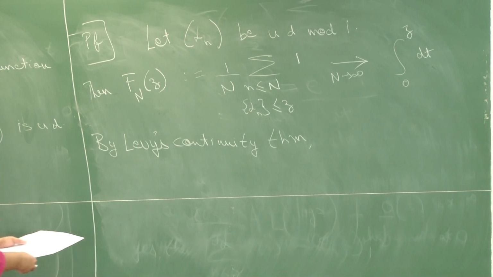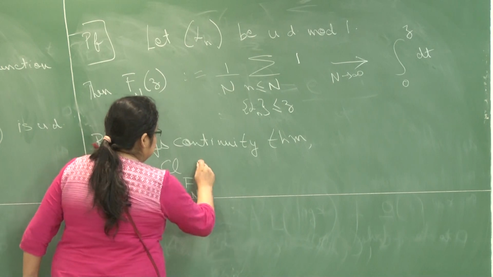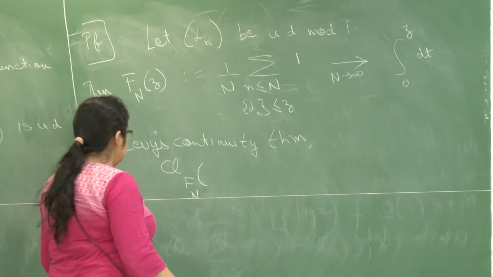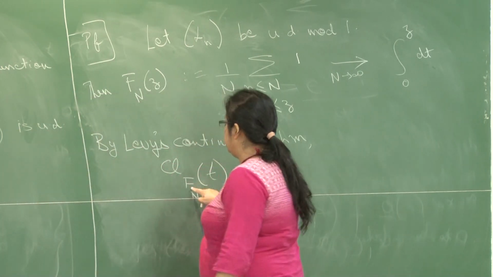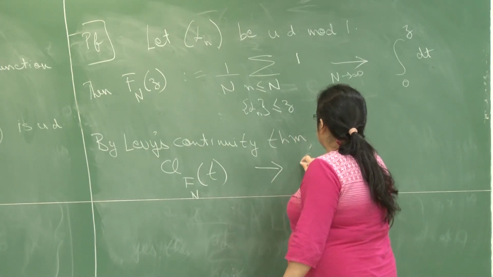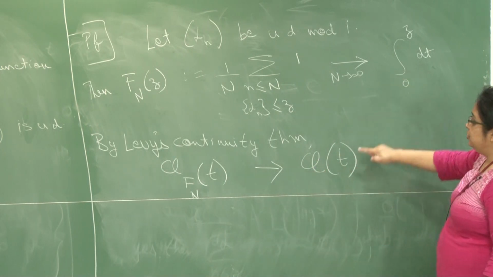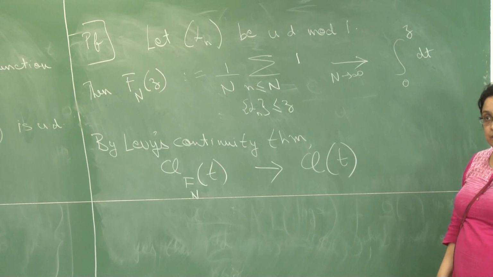So, your phi sub F sub N of t, the characteristic function corresponding to your capital F sub N, must converge to the characteristic function corresponding to the uniform distribution.